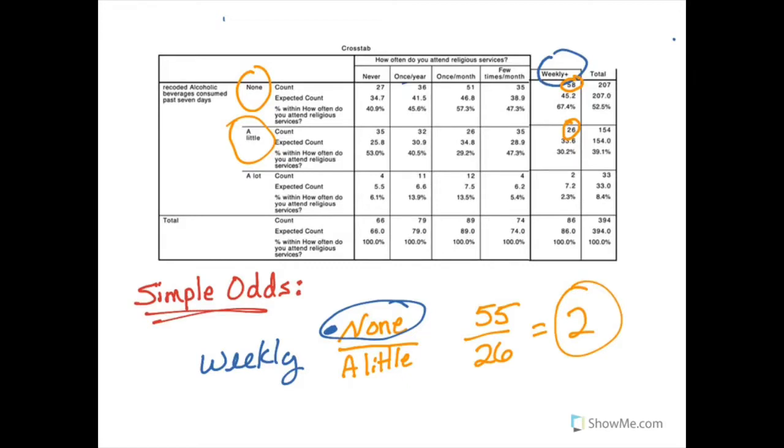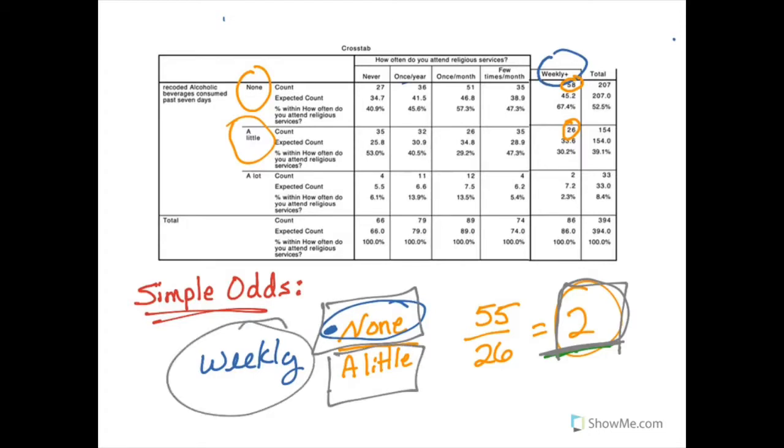And how you interpret it is you are 2 times more likely to drink no alcohol versus a little alcohol if you attend church weekly. You are, insert odds, twice as likely to be here versus here if you are this.